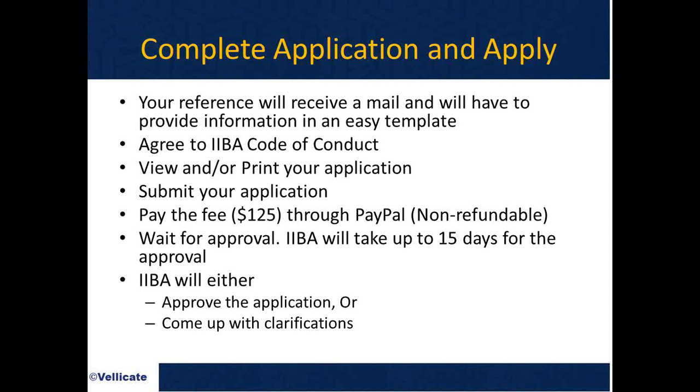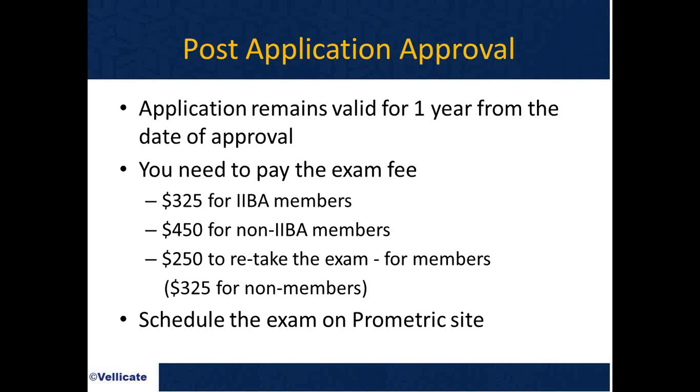And if they come up with clarification, use your Excel sheet, use the data to provide them. The application, as I said, remains valid for 1 year from the approval. And once your application is approved, for you to take the exam, you need to pay the exam fee of $325 for IIBA members, $450 for non-members.